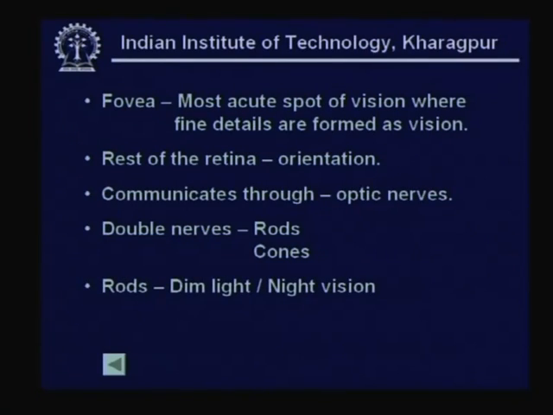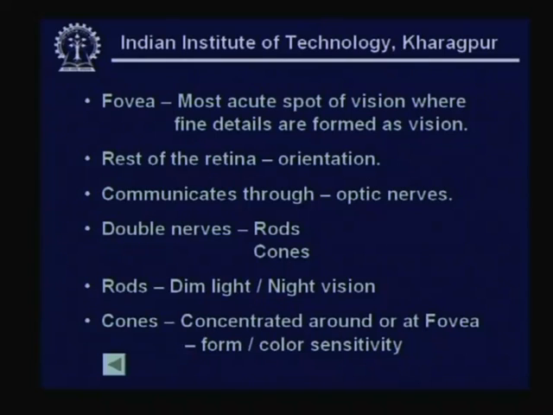Rods are a set of nerves that enable us in seeing in dim light or night vision, whereas cones are concentrated in the central region, which we termed as the fovea.